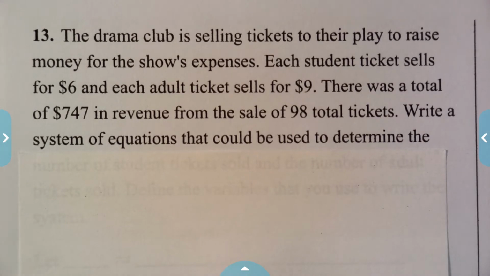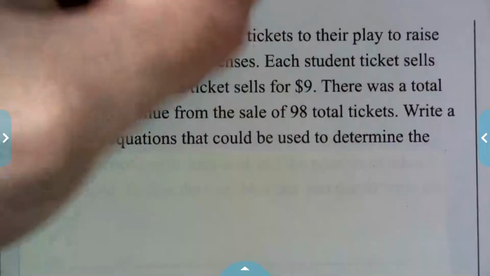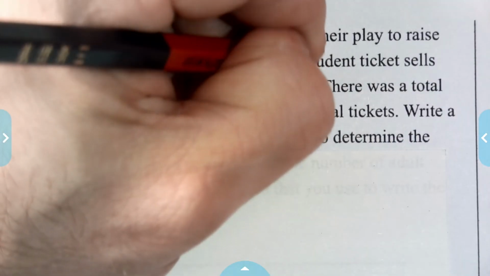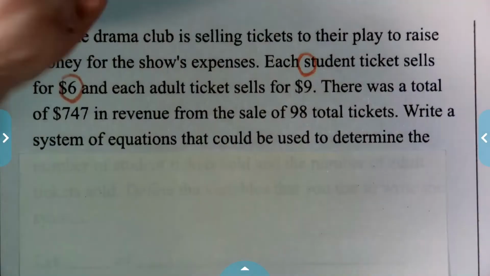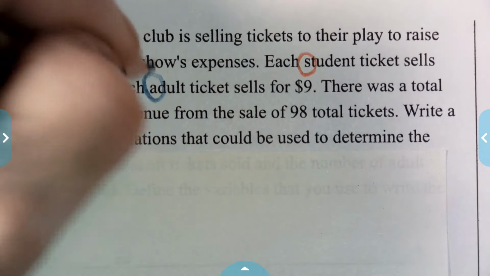Okay, so here we are on number 13. This is the last of the word problems. And let's see what's going on with the drama club. The drama club is selling tickets to raise money. Okay, whatever. Each student ticket. Okay, so there you're already starting to see, we got S is 6 and A is 9.